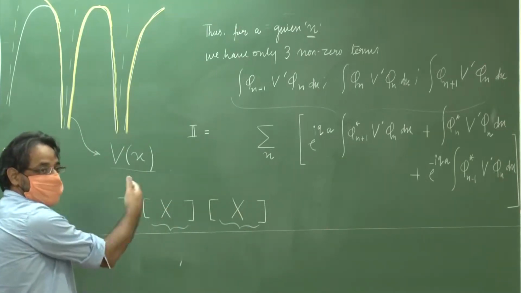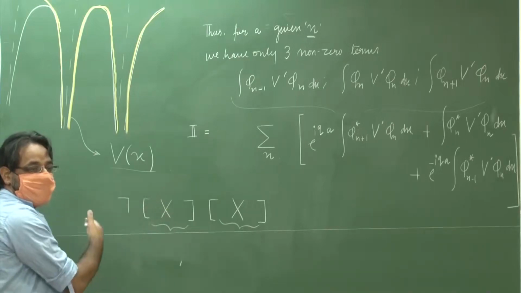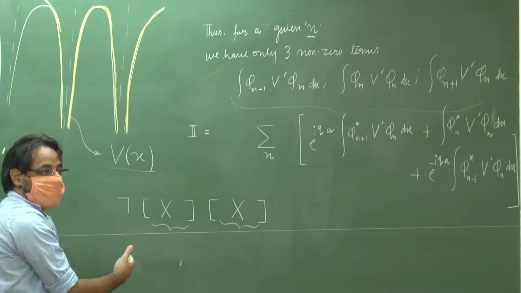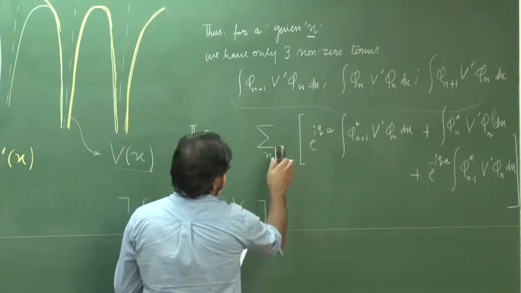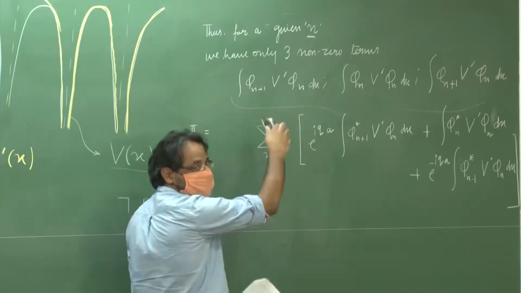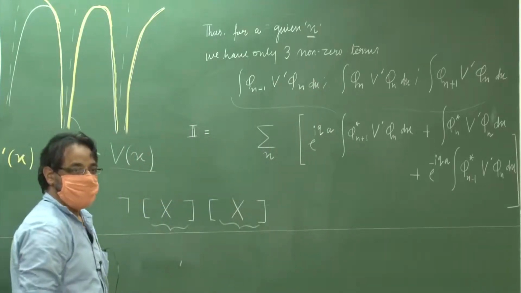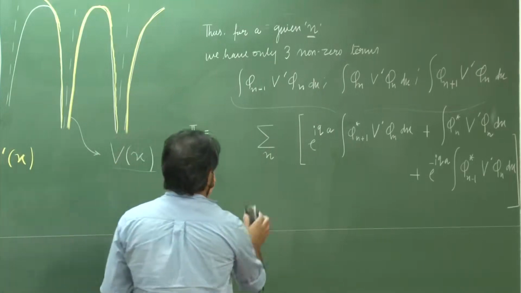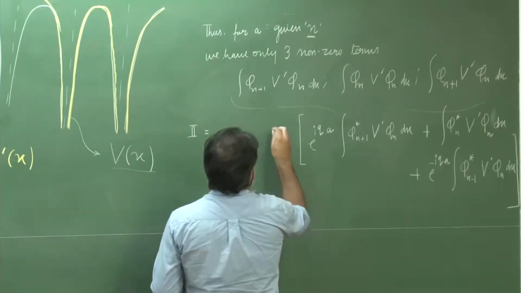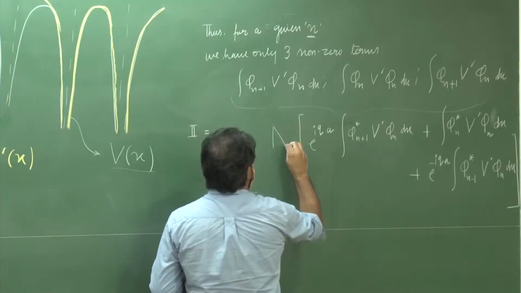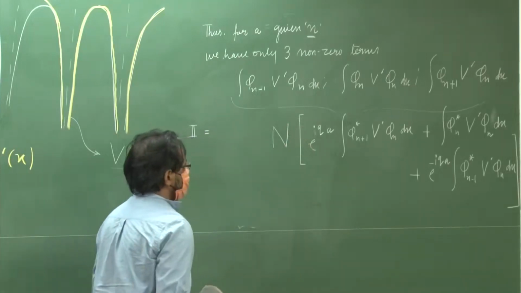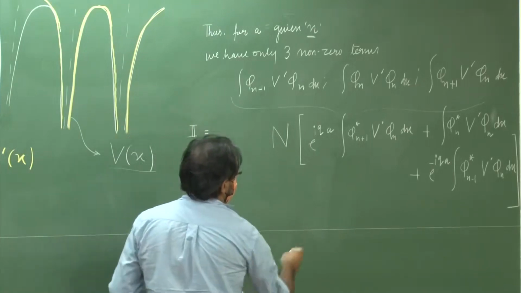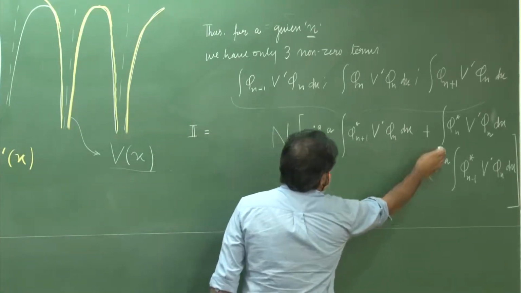Since you are summing over all the sites, it will be the total number of sites times x, and the total number of sites is capital N. So this summation can be dropped, and we can simply write here a capital N, right? Now let's look at these three integrations.